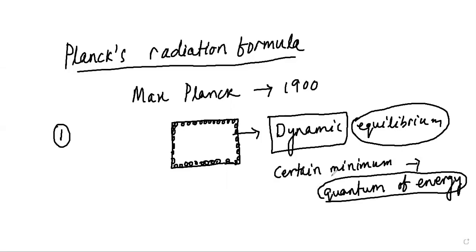This quantum of energy is proportional to the frequency of the harmonic oscillator. So the quantum of energy is proportional to the frequency of the oscillator. That's the first postulate.